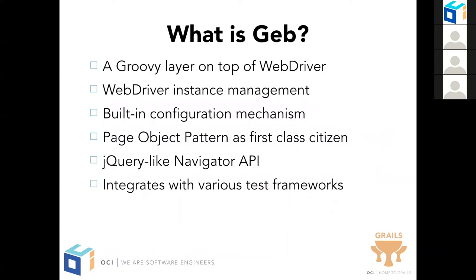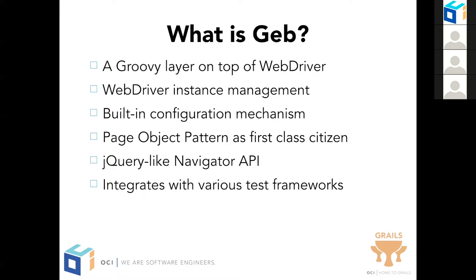Geb is a Groovy layer on top of WebDriver, and it uses WebDriver to do all the heavy lifting with regards to controlling the browser. As you might know, WebDriver is a browser control protocol with implementations for various browsers and various languages, and it is a de facto industry standard for driving browsers.